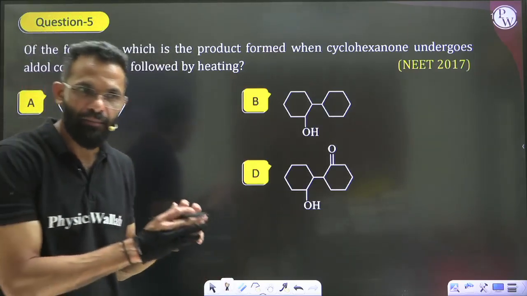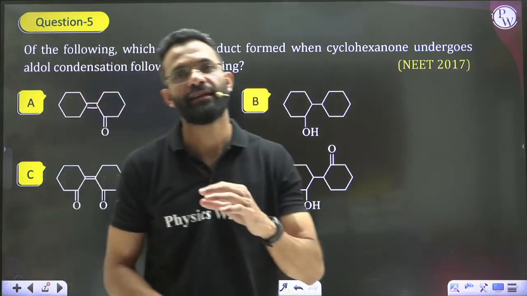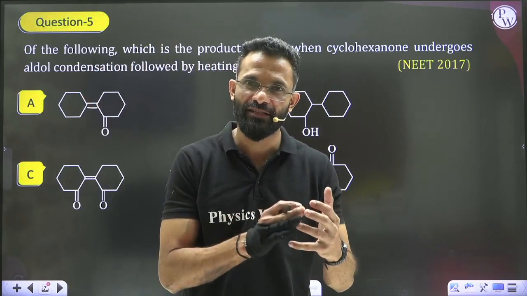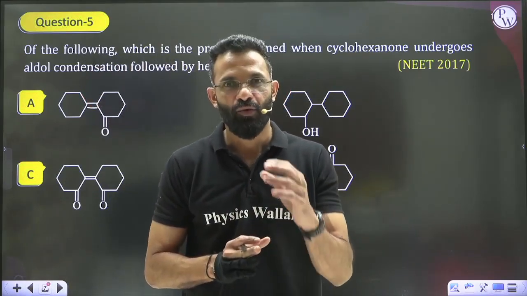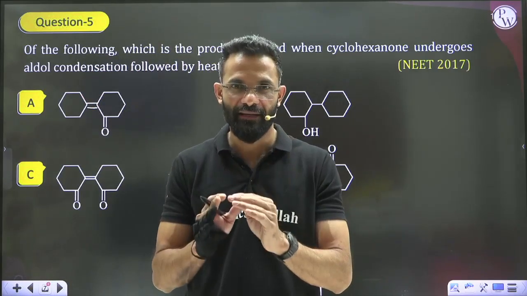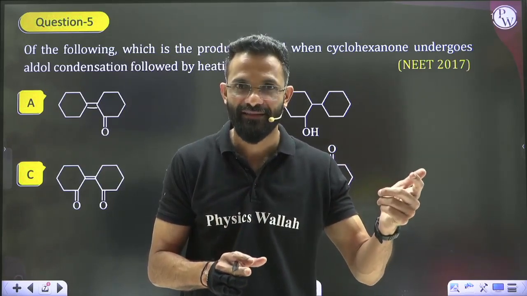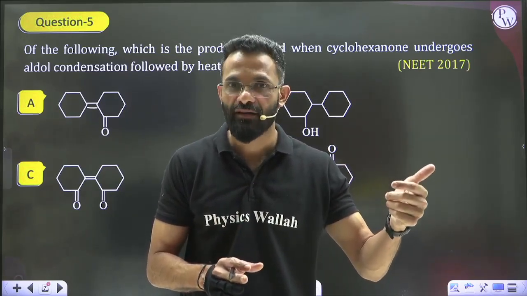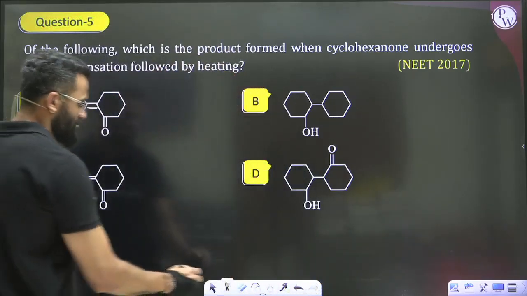Like we applied the trick in the previous question, where 2 molecules of acetaldehyde we subjected to aldol condensation to get the product. And how did we get the product? We exposed the carbonyl oxygen of one aldehyde with the 2 alpha hydrogen atoms of the other aldehyde, which is called the carbanion donor, and the first one was called the carbanion acceptor. So let's do that here as well.